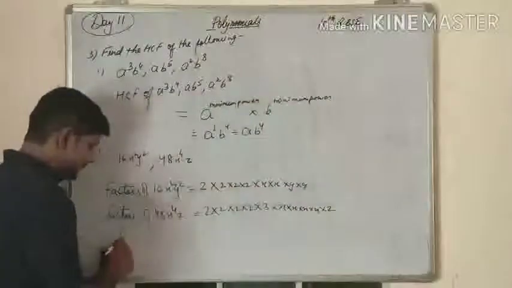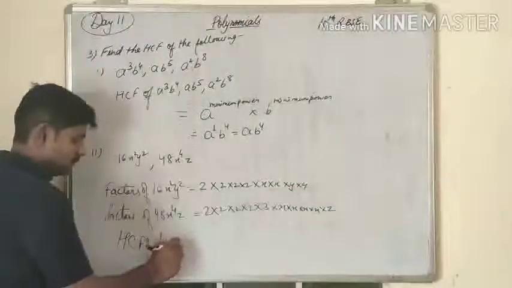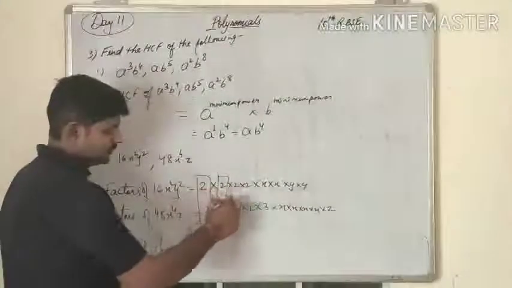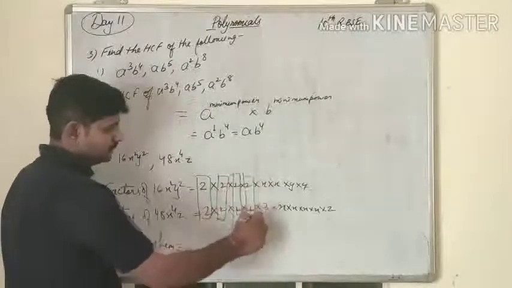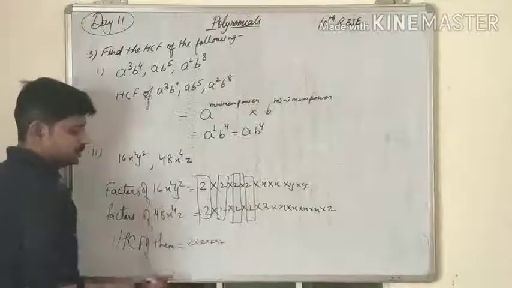So for the HCF of them, 2 will be common, this 2 also, this 2 and this 2. So we can write 2 into 2 into 2 into 2.